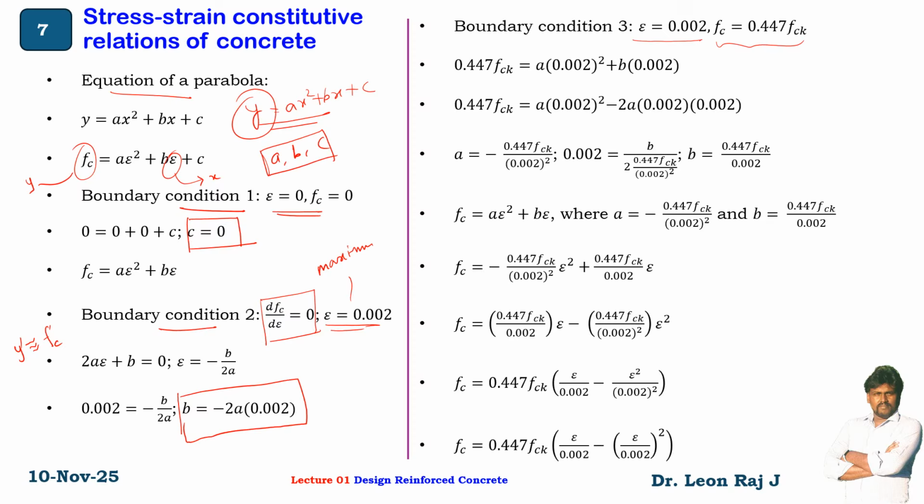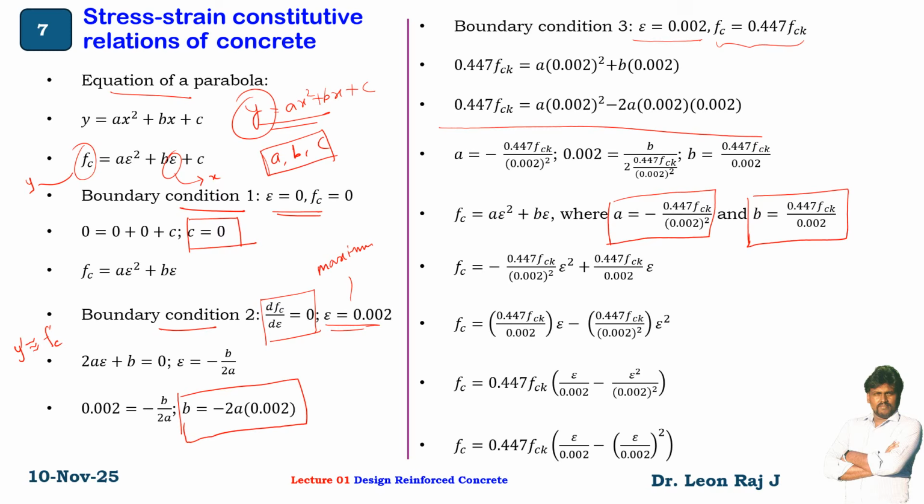If we solve them, we get A equal to minus 0.447 FCK divided by 0.002 whole square, and B equal to 0.447 FCK divided by 0.002.